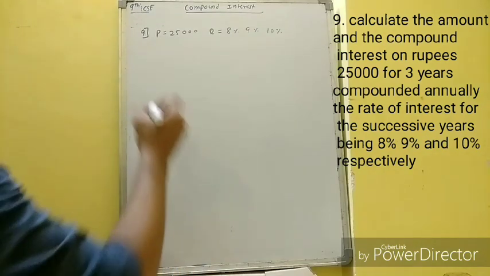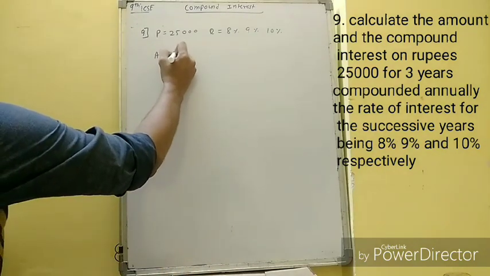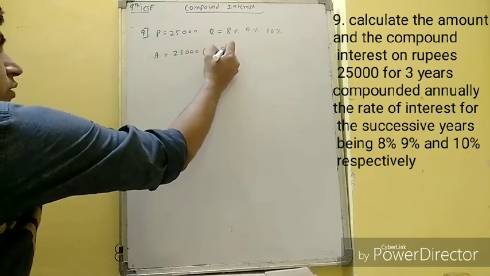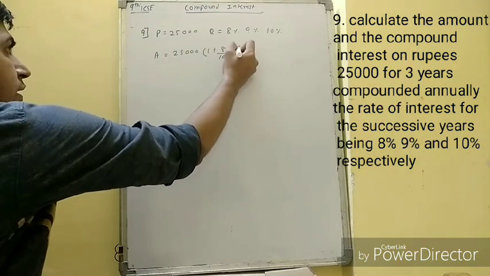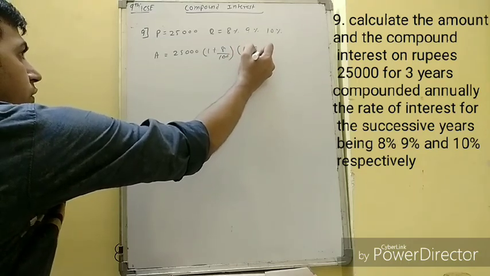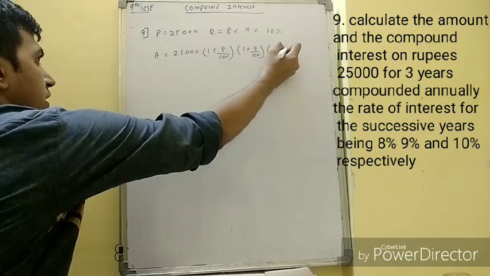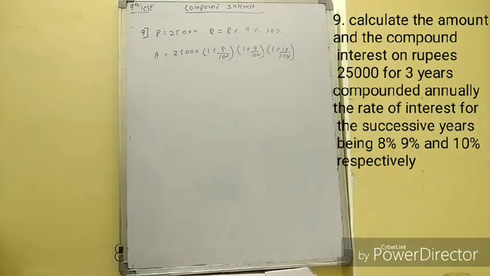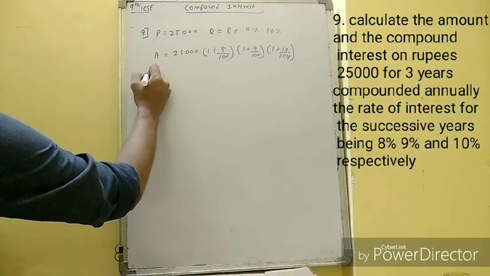So it is just like amount is equal to principal into 1 plus 8 upon 100, 1 plus 9 upon 100 and 1 plus 10 upon 100. Here also we can reduce it, but we will do it later on.